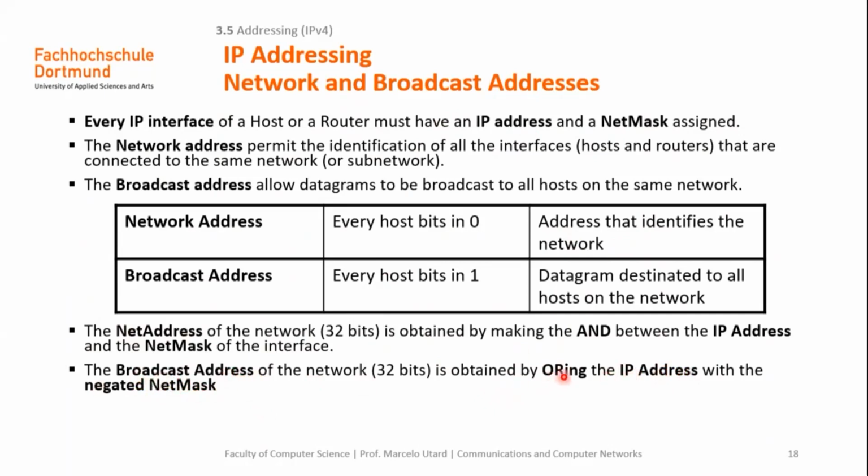Remember that if we negate the netmask, the lower bits of the mask are in 1, so the OR operation will force 1 in the result. That is, this operation forces ones in the host bits of the IP address, and in that way we obtain, using the IP address and the netmask negated, the broadcast address.